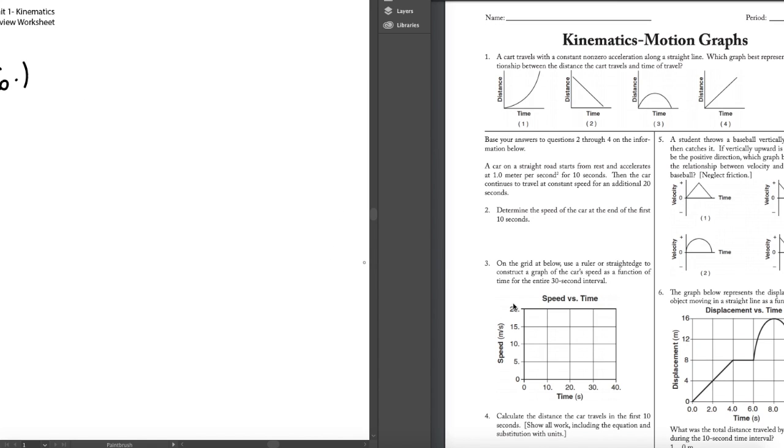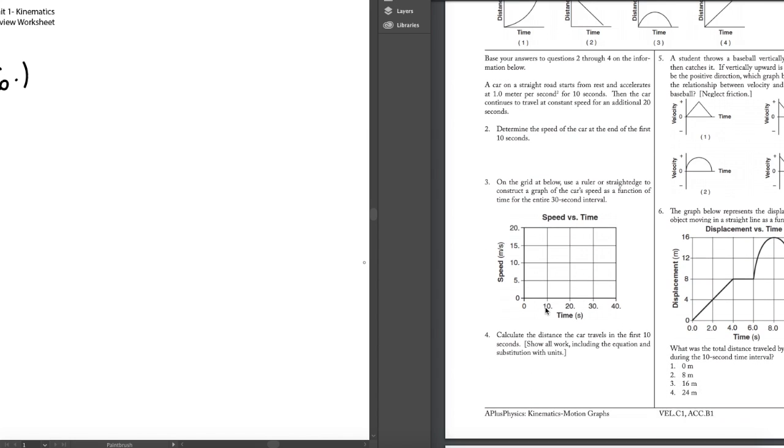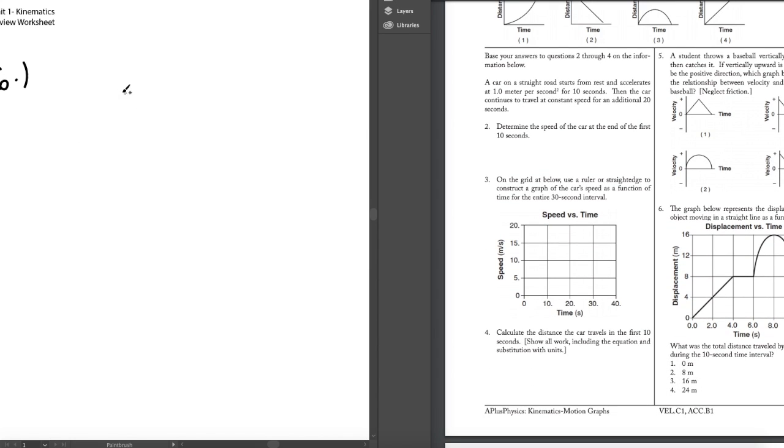Number 6. The graph below represents the displacement of an object moving in a straight line as a function of time. What was the total distance traveled by the object during the 10-second time interval? I think it's 8 plus 8 plus 8.